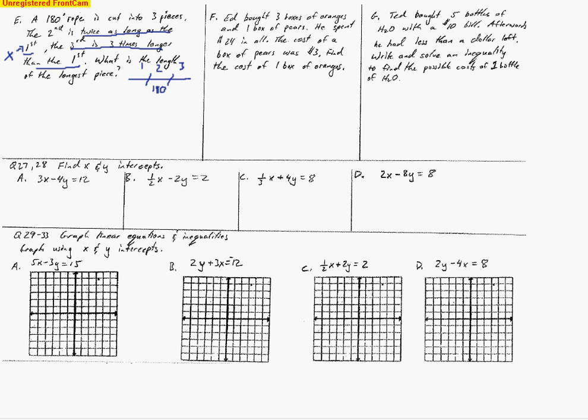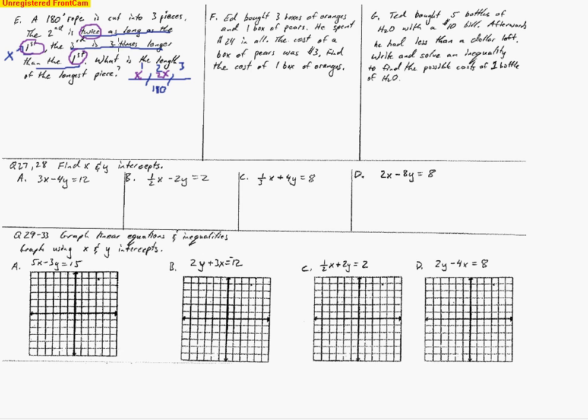So what we're going to do is call the first piece X because that's what they're comparing it to each time. Notice how they compared the second to the first and the third to the first. So that's why our variable goes there. Second piece is twice as long. Twice means 2 times, so that's going to be 2x.